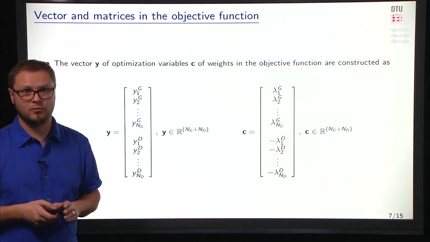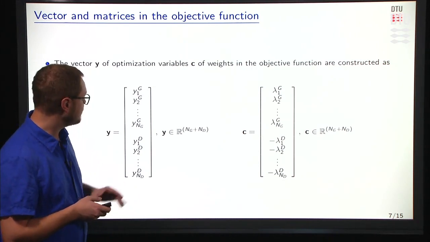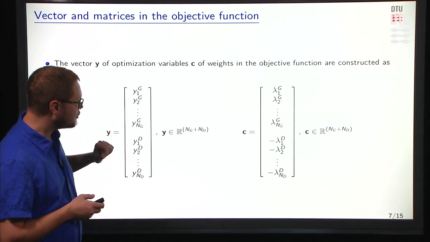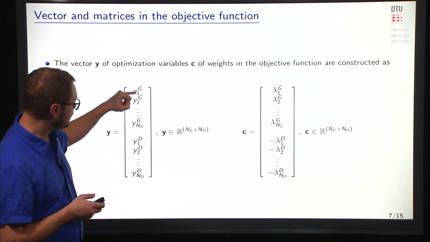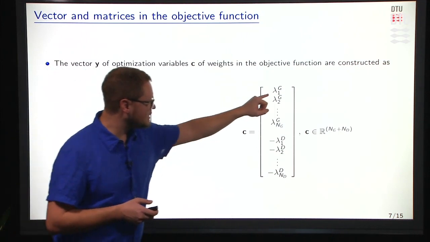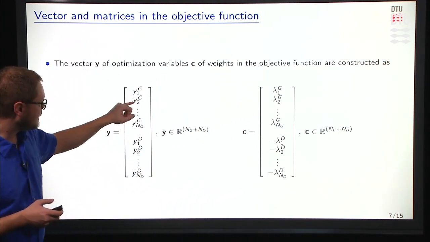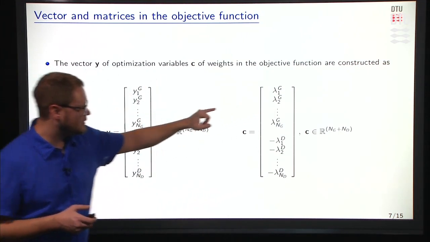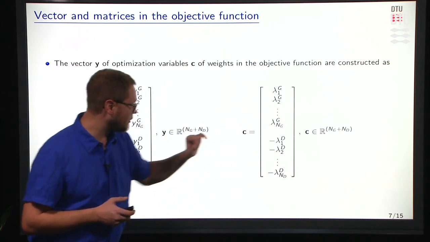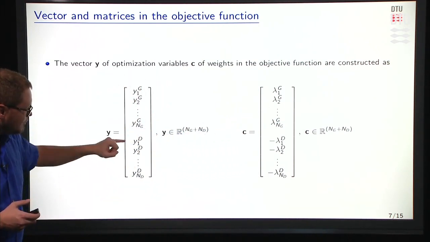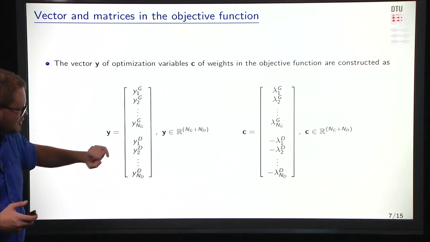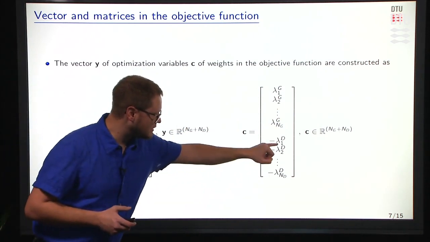prices and consumption prices. In our cost vectors, we follow the same ordering with the first agent on the generation side coming first. This is the corresponding price. Second agent on the generation side, this is the corresponding price of the offer, etc. And then we go to the demand. First agent on the demand side, this was the offer.